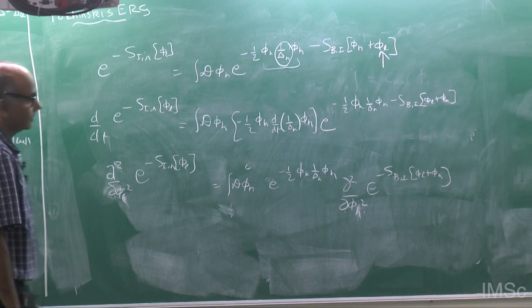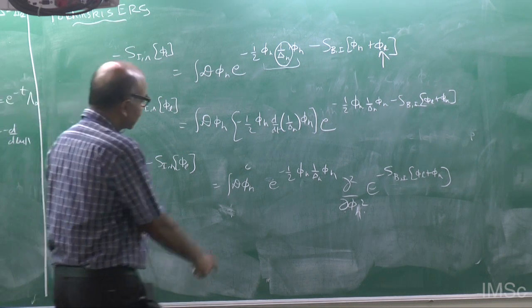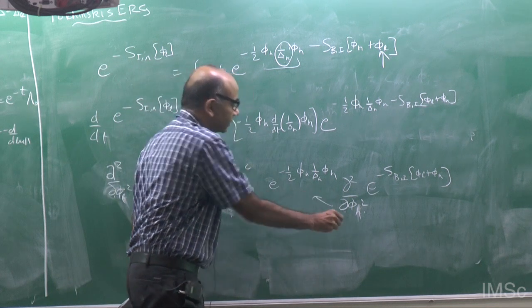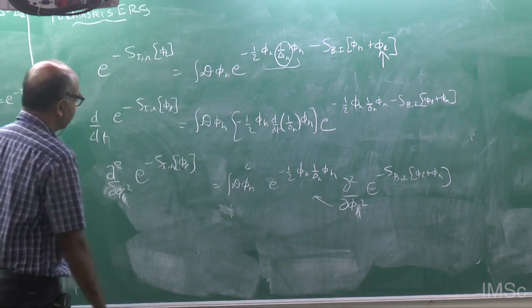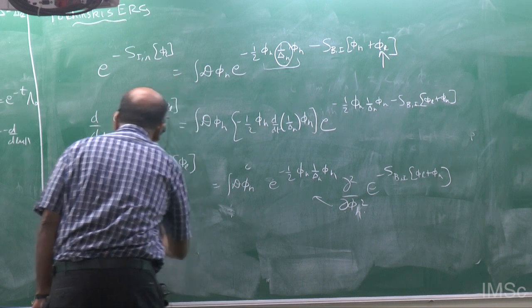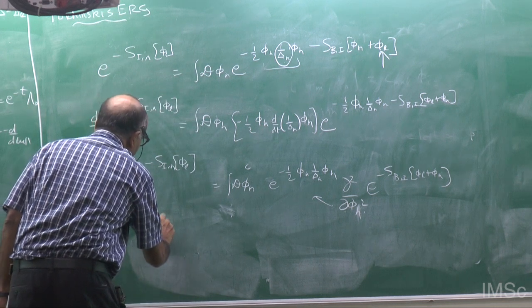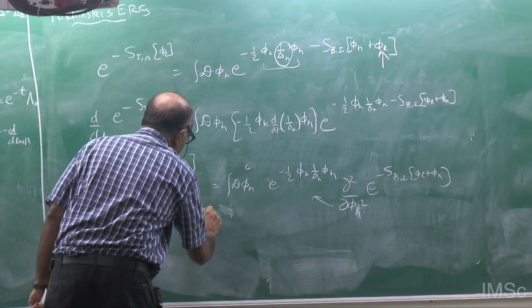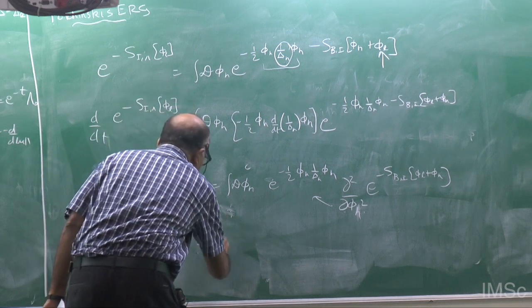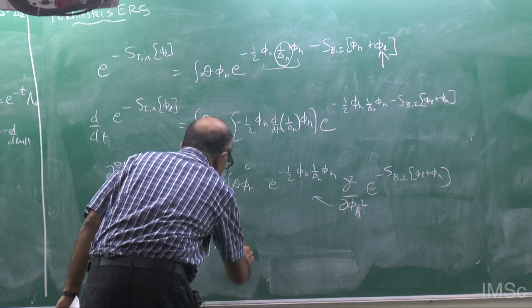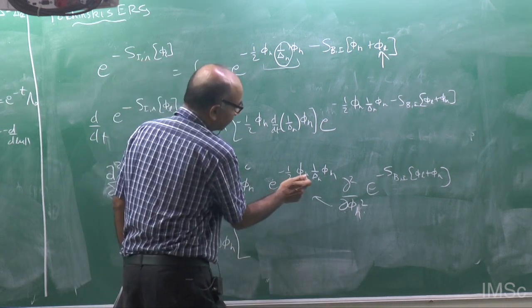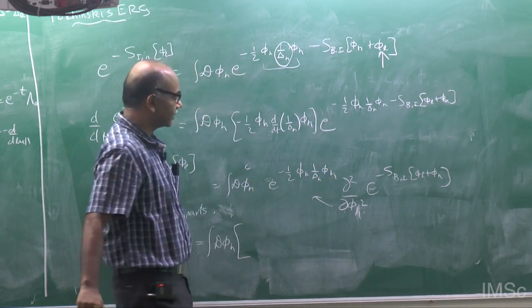So I'm going to make this phi h squared. And now because it's inside an integral, I'm going to integrate by parts and act on this guy. So when this acts once, you get 1 over delta h times phi h.